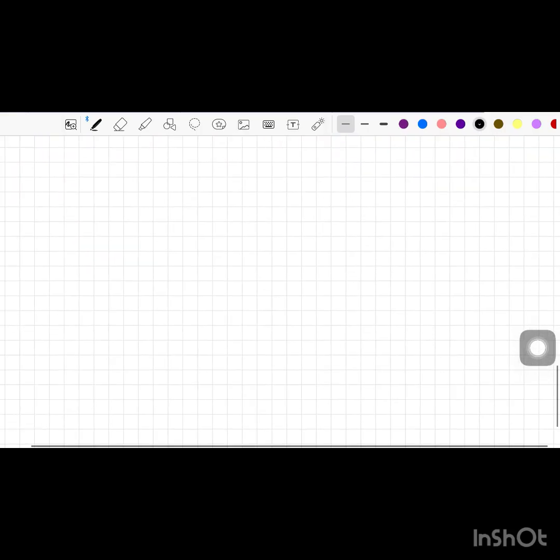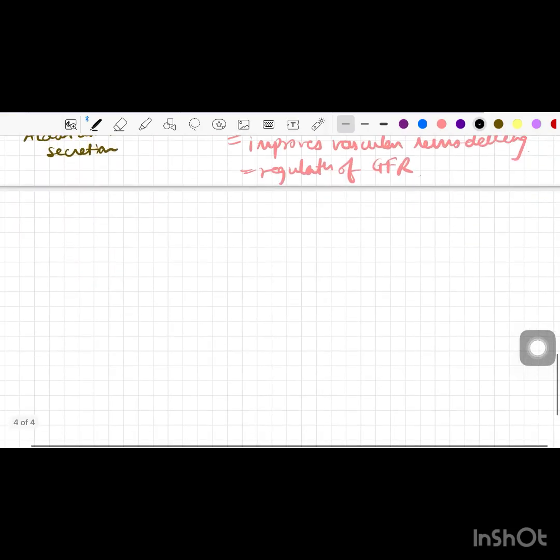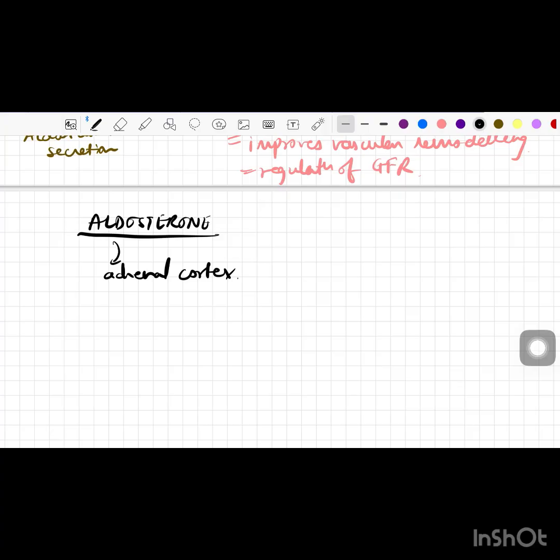Now once this aldosterone is released, we know aldosterone is secreted from the adrenal glands, from the adrenal cortex. This aldosterone is a mineralocorticoid, and one of the stimulations for aldosterone release is renin, while the other is ACTH.